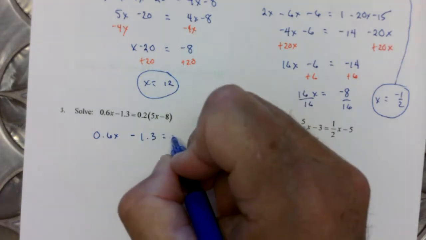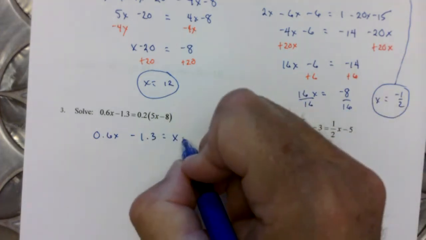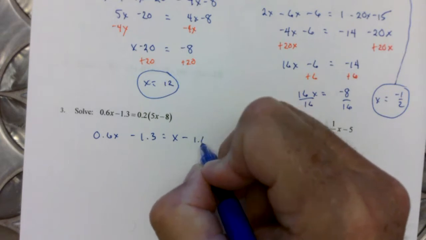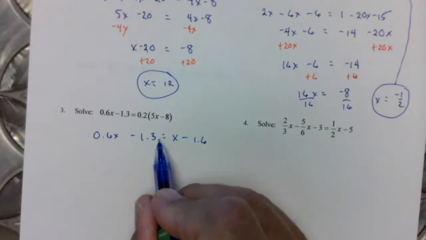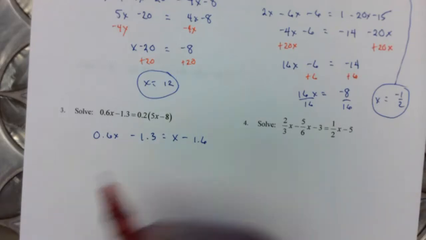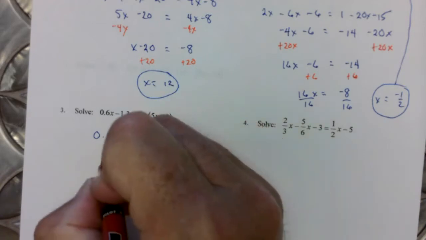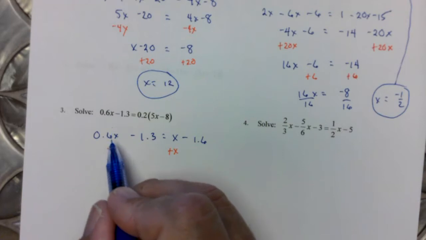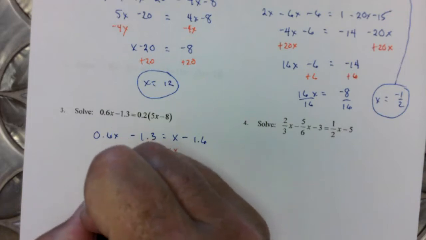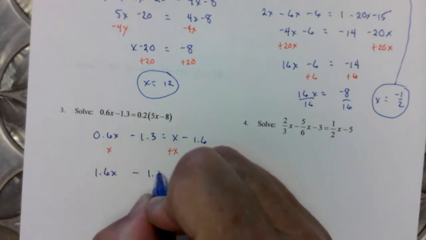That's 1. So 1x minus 1.6. I'm going to add x and add x. And again, that's 1x and 0.6 gives me 1.6x.